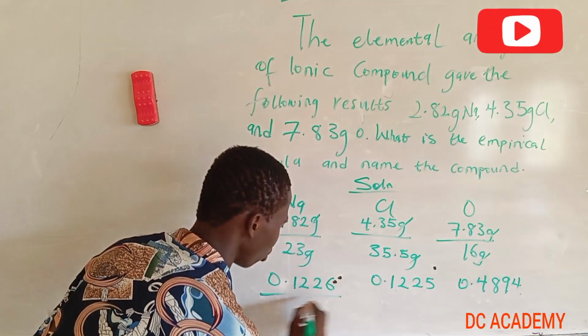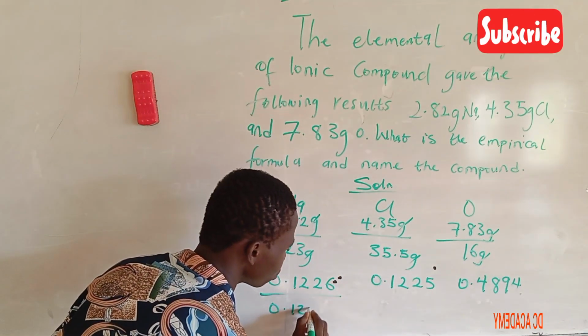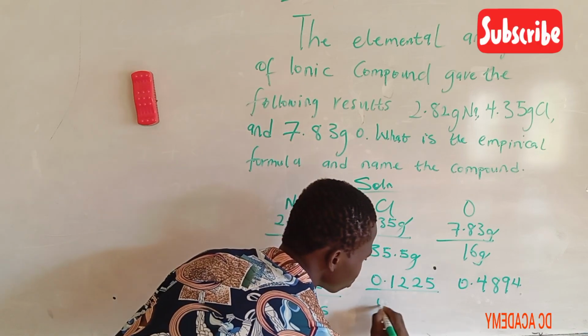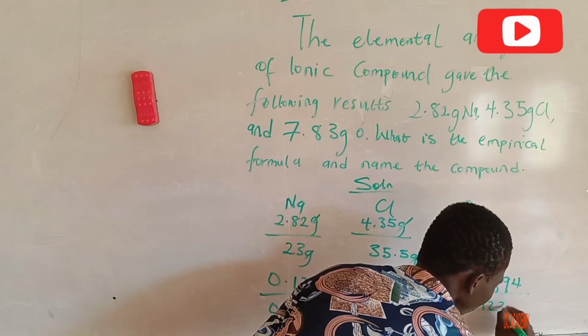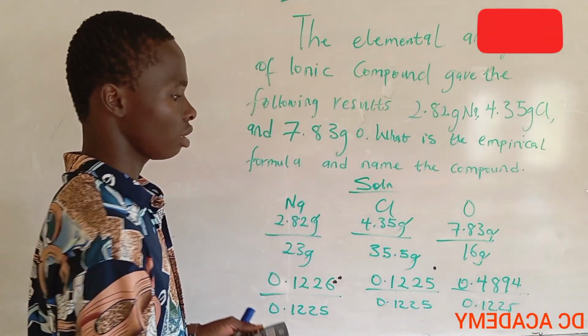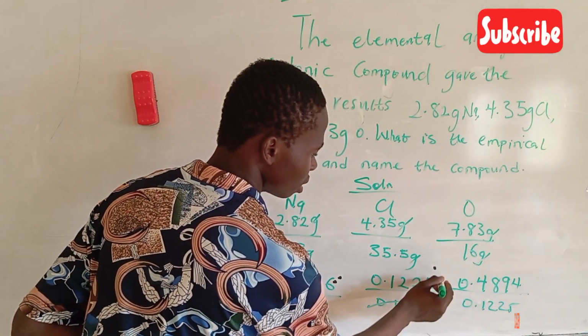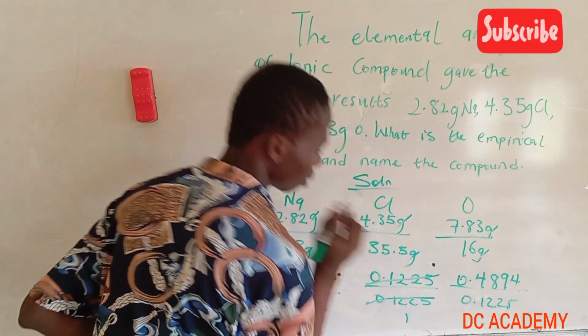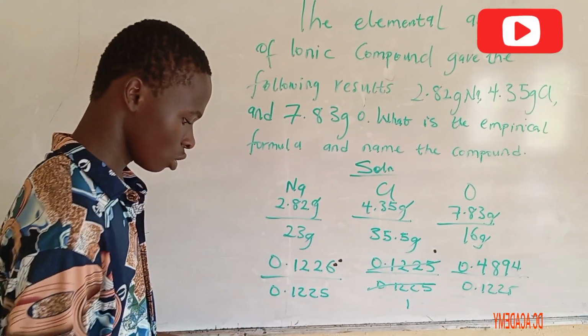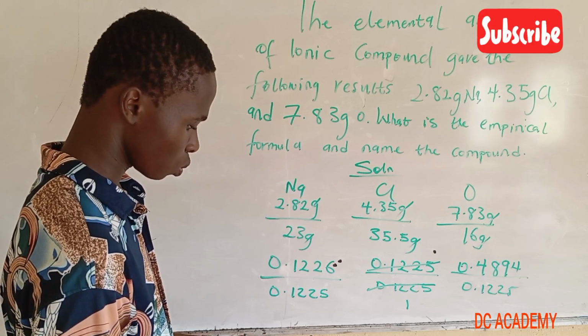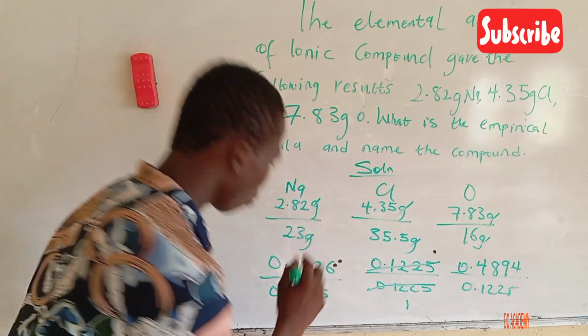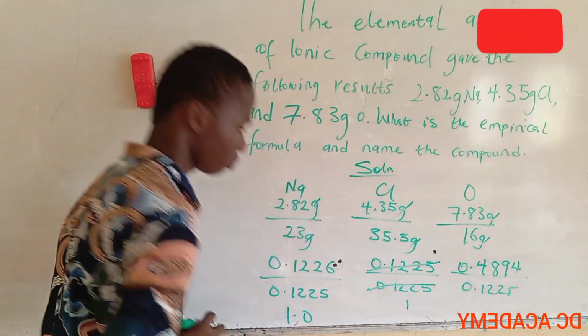Now we have it all divided by 0.1225. Dividing chlorine by itself, you have just 1. When you divide 0.1226 by 0.1225, you have 1.0.